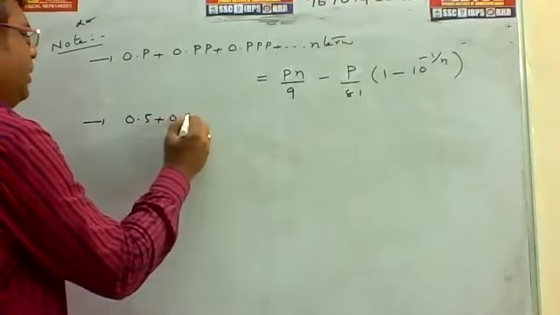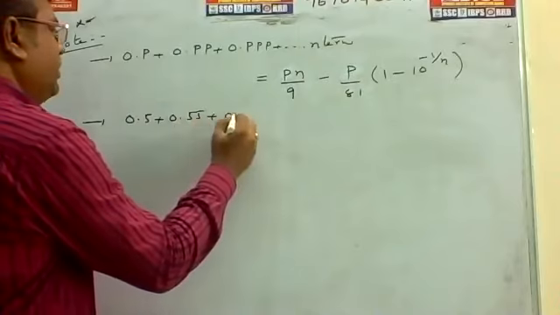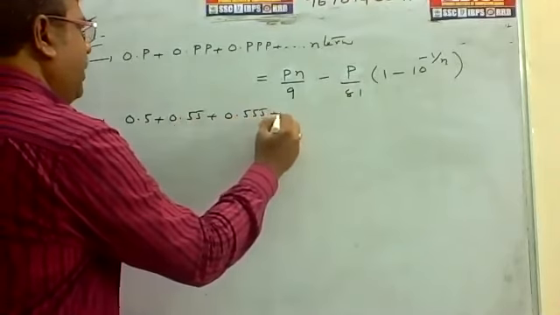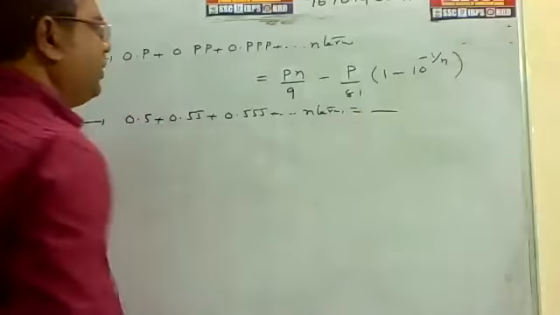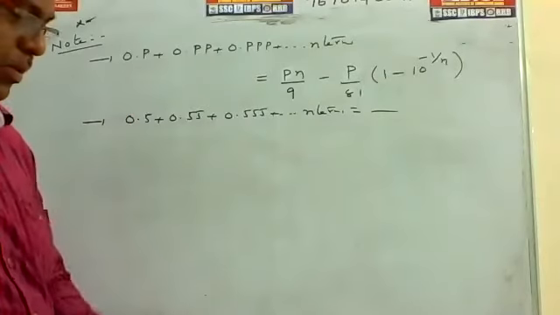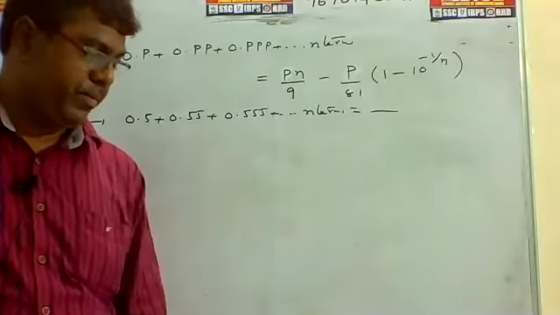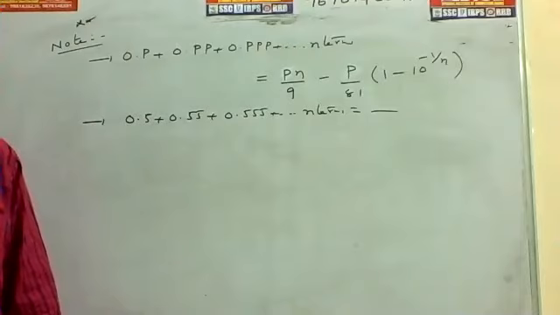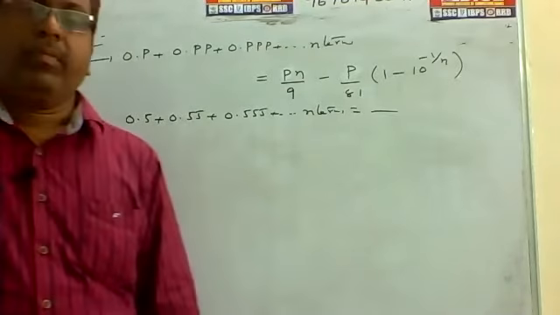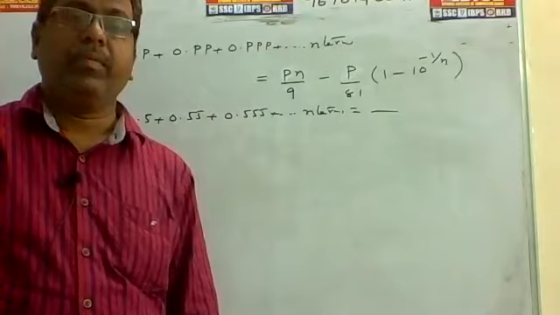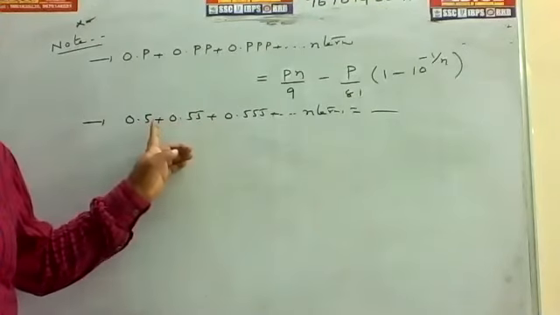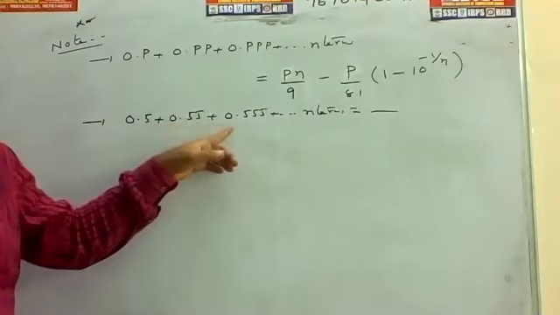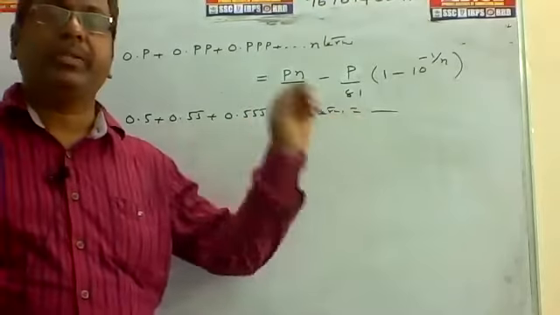0.5 plus 0.55 plus 0.555 plus so on n terms is equal to dash.